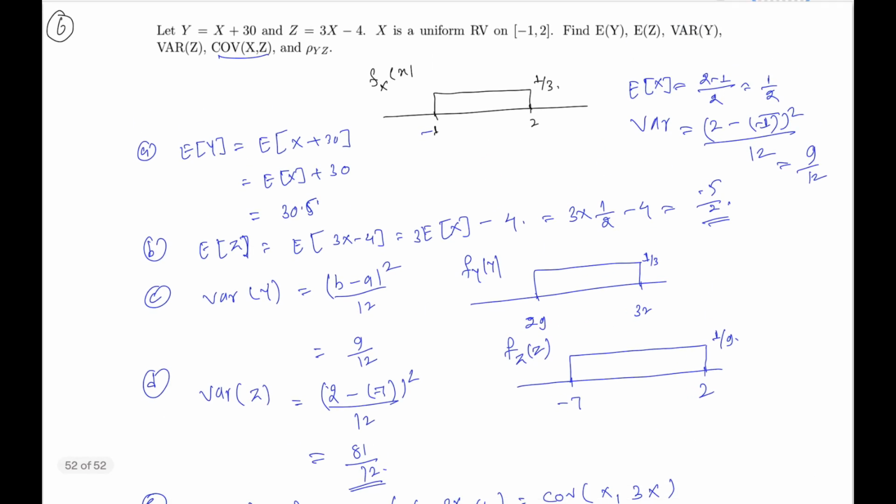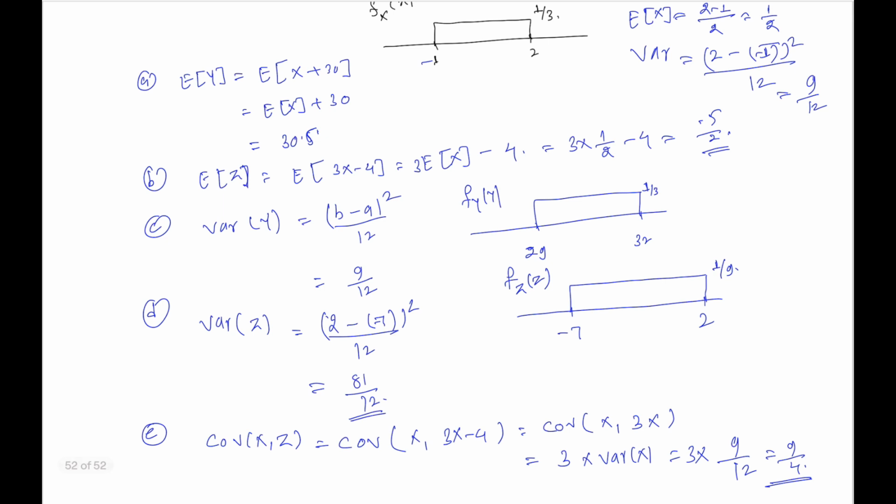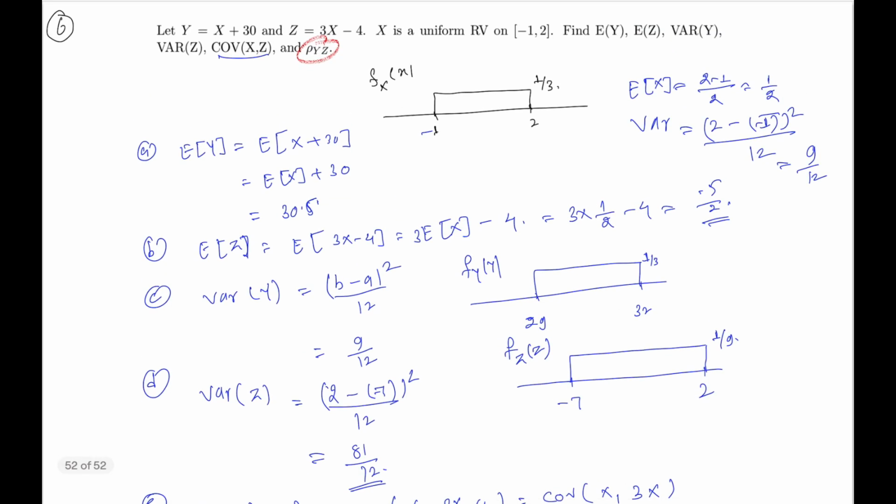Now the next question, part F: what will be the correlation coefficient of this random variable y and z? You do not even need to calculate the covariance. You can write y equals x plus 30, and if you find x from z, x will be (z plus 4) divided by 3.